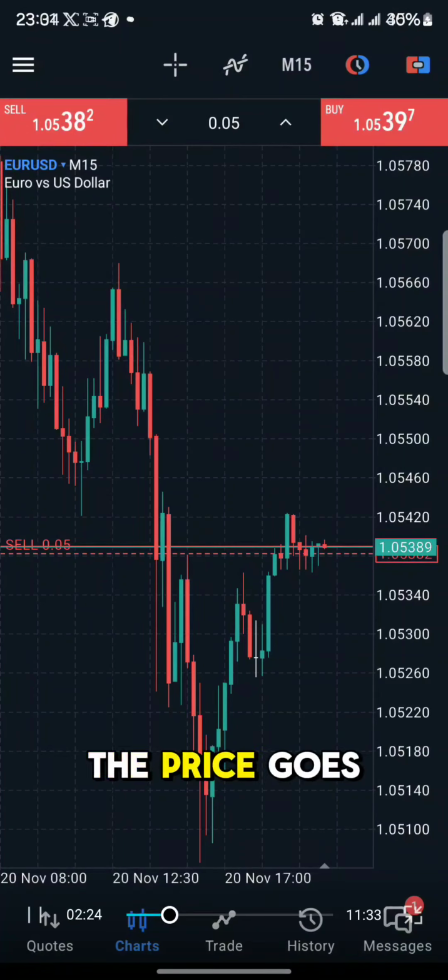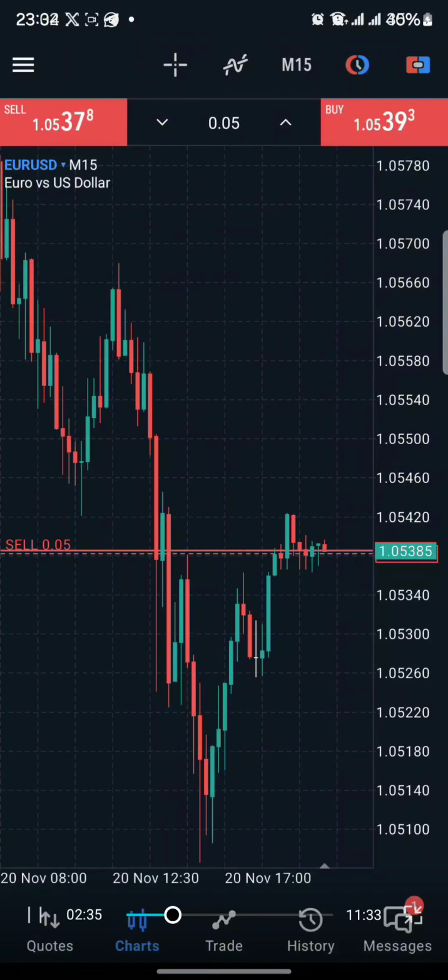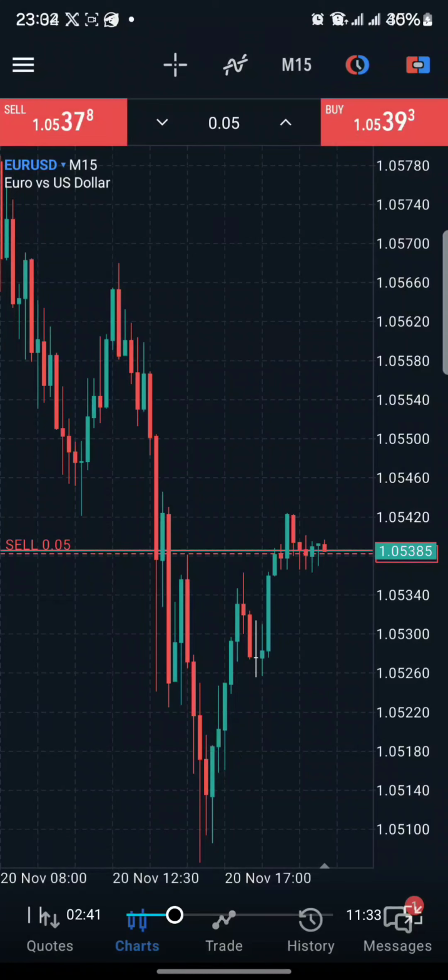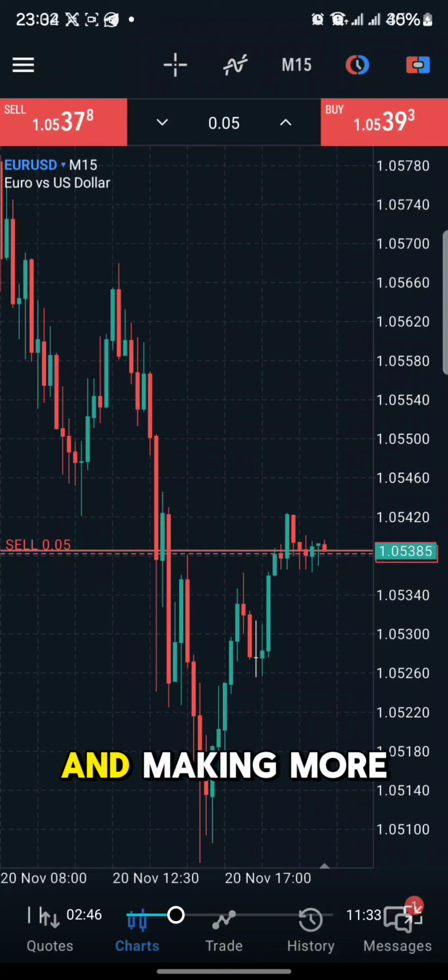So if the price goes up, and if it keeps going up, that'll be a loss, right? So how then do I protect myself from losing more money, right? So the trick is losing less money when you're wrong and making more money when you're correct, right?